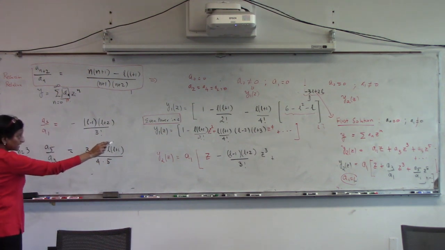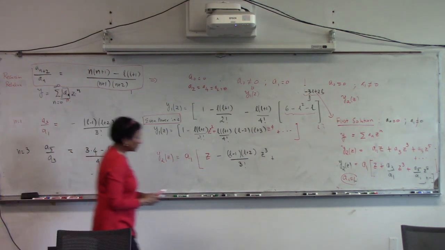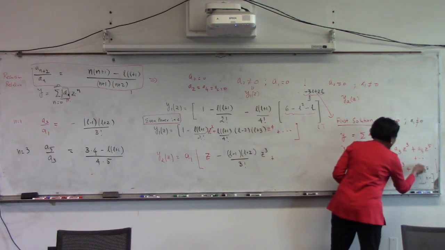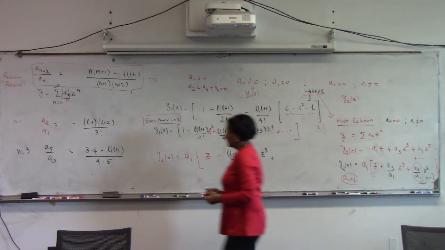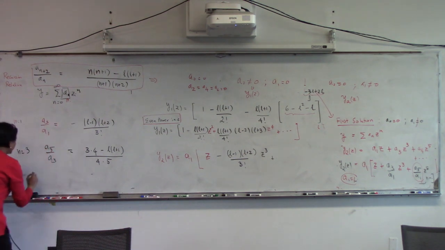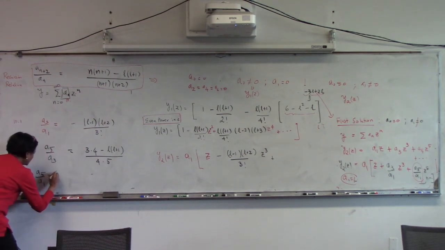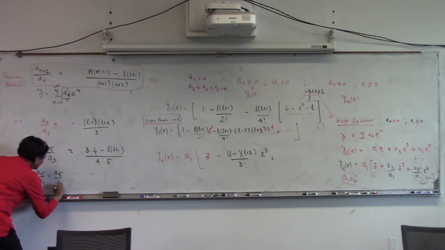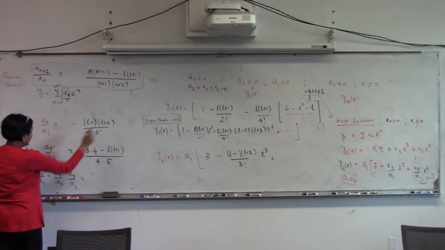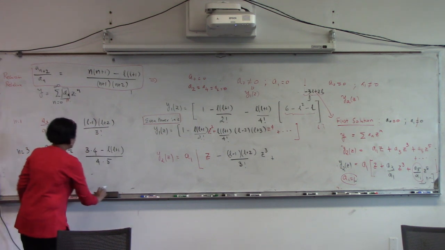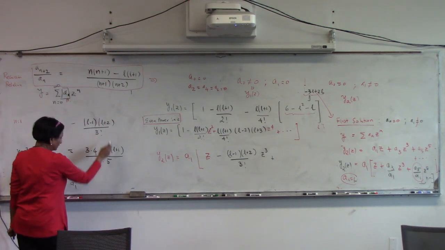But what I need is A5 over A1. Okay, so I need that. In order to get that, A5 over A1 is nothing but A5 over A3 times A3 over A1. So I have to multiply those two terms. So you can see the denominator has become what? 5 factorial, right?